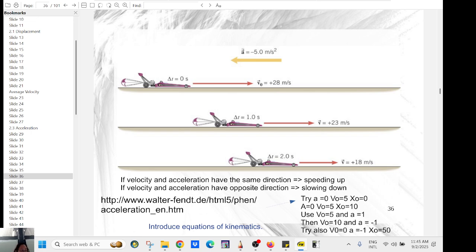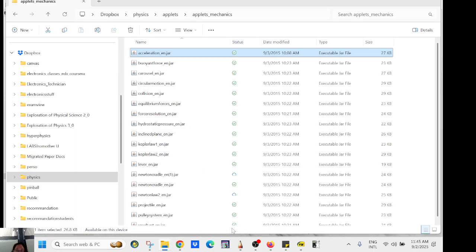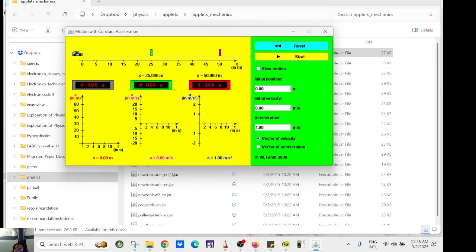Okay, let's do some, not calculus, let's connect to math. Let's choose acceleration of 0, and a constant velocity of 5.